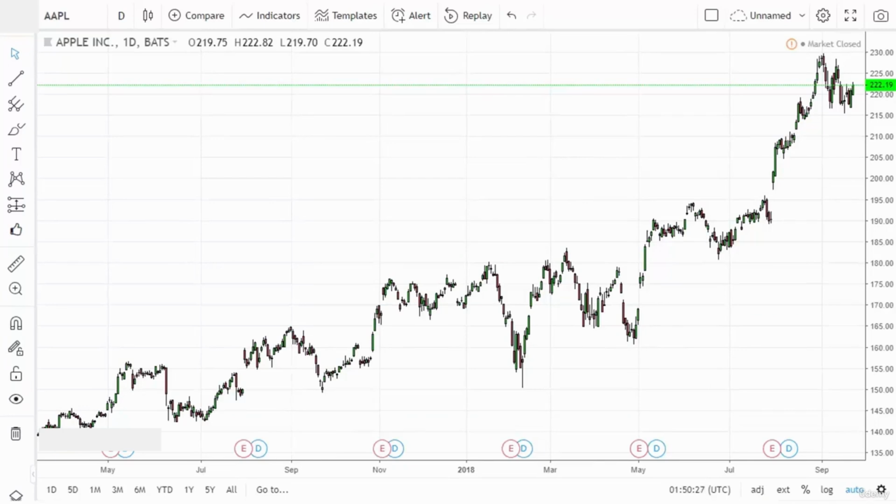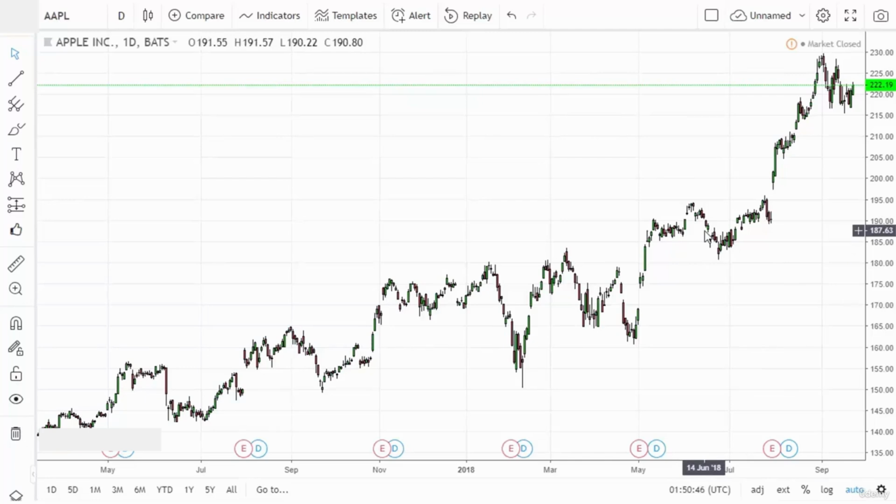So when you're looking at trading a stock, and this is especially true when you're talking about day trading, multiple time frame analysis is absolutely crucial. So the first thing you need to determine is, what is the trend?